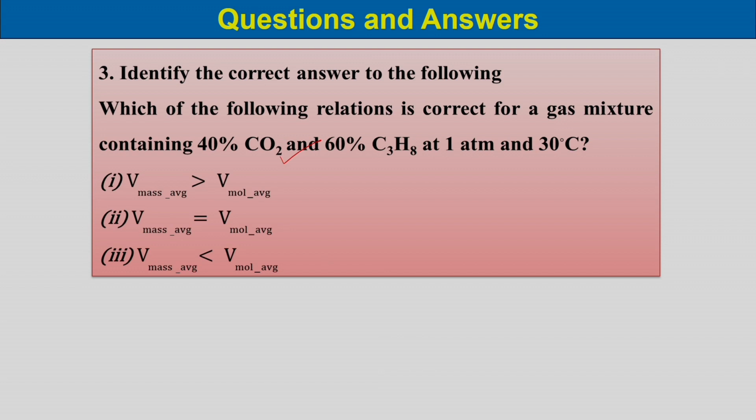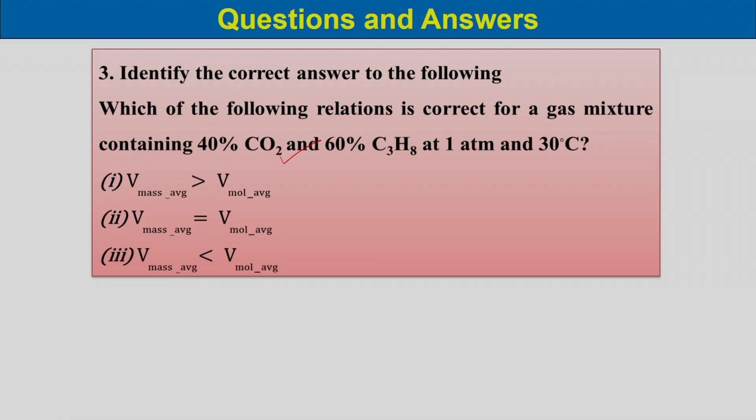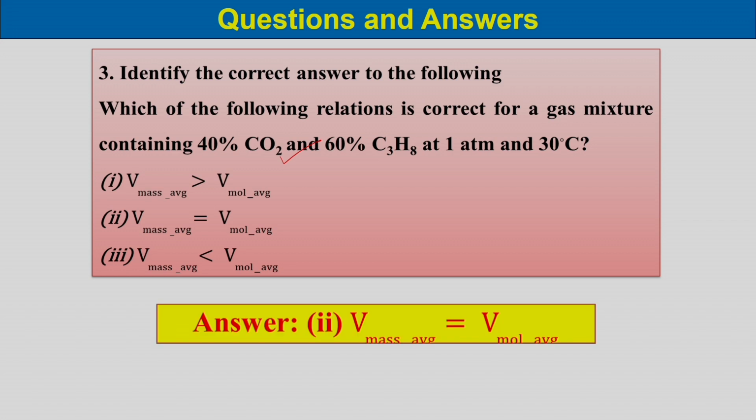If we look into the composition of the mixture, one is carbon dioxide and the other is propane, and the molecular weight of both is 44. Since their molecular weights are the same, the answer would be v mass average equal to v molar average, that is, mass average velocity is equal to molar average velocity.